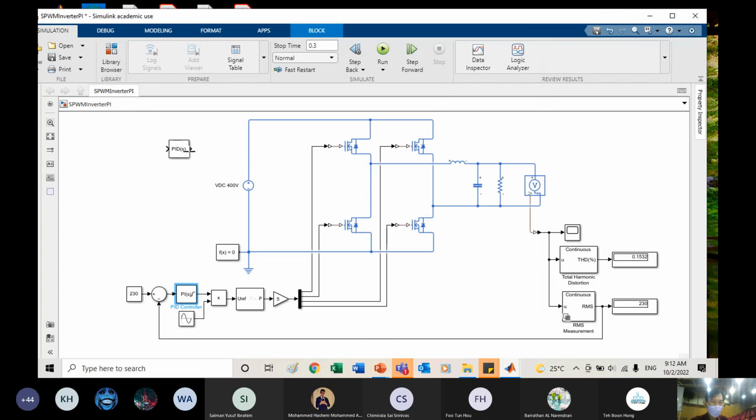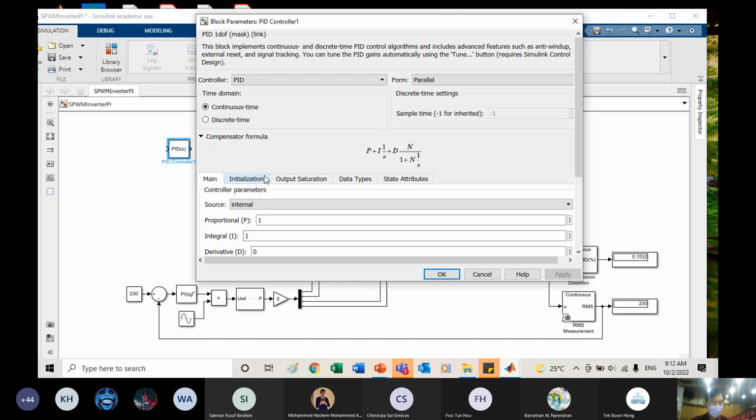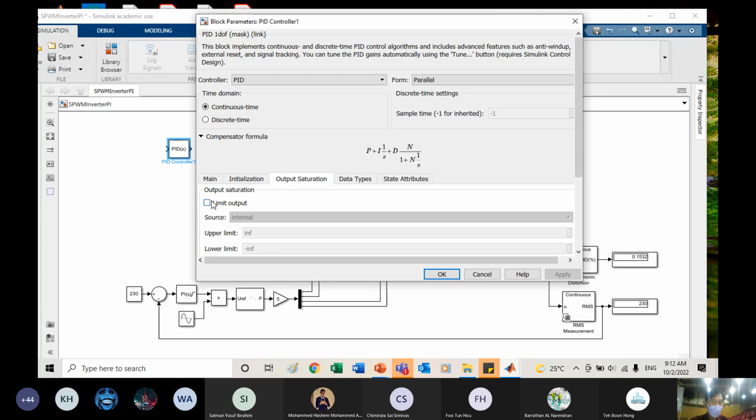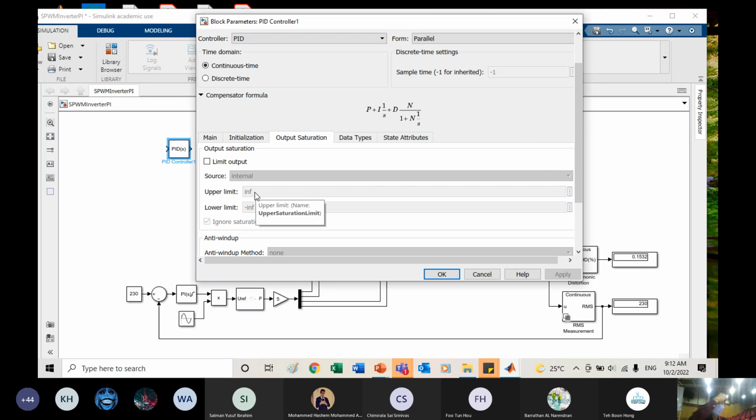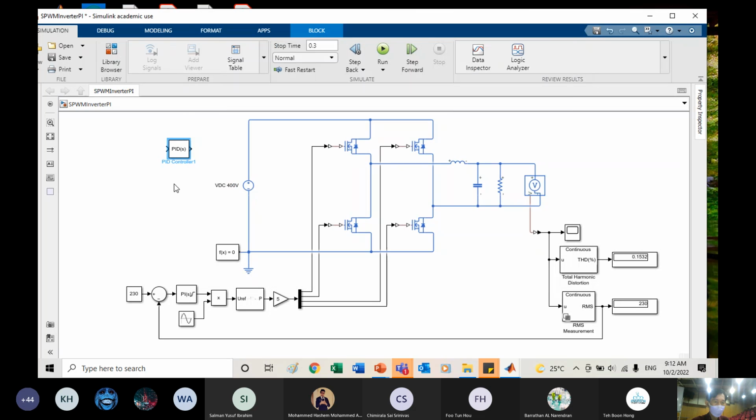Originally, the PI controller has no output limit, so it will go all the way to infinity. Then you will see a very funny output later. So these are the two things you need to set properly.